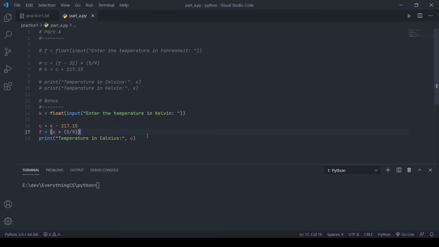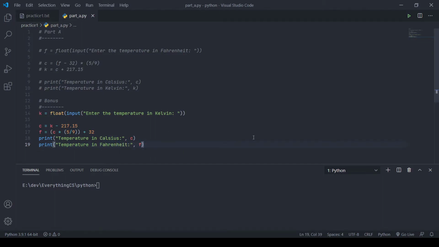And then I think add 32 would be like the opposite of that formula there. And then let's go ahead and print that. Again, remove the comment, change it to Fahrenheit, and then we should be good. Hopefully. Let's see if I did this right.